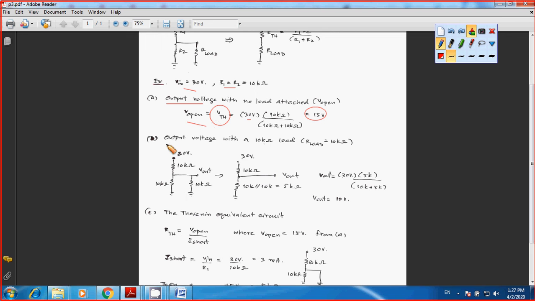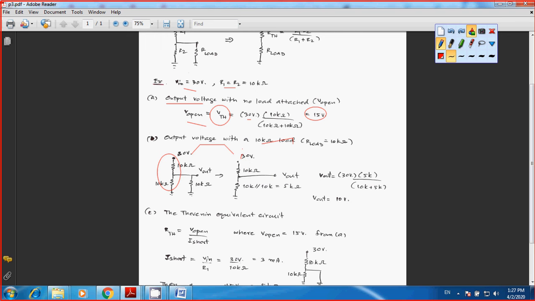Next, let's take a look. If you have a 10k ohms load attached to the circuit, what is your output voltage? In this case, you just take a look at your supply voltage circuit. Sorry, this one is wrong.